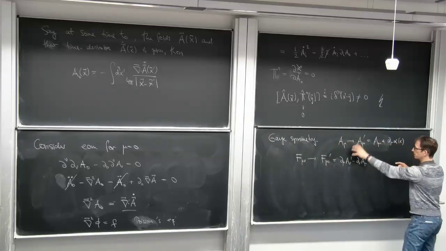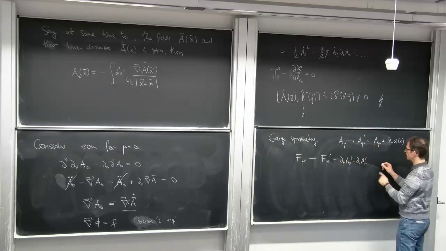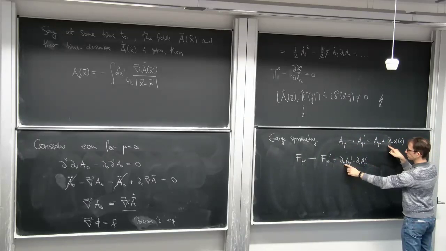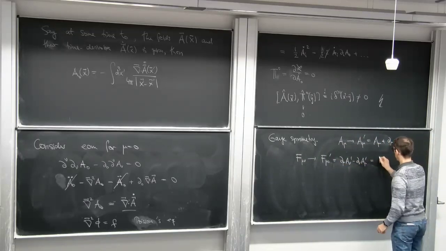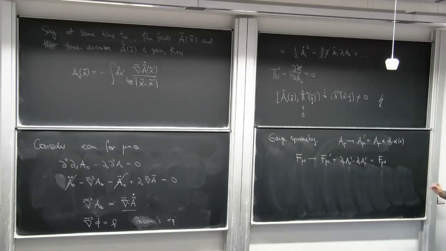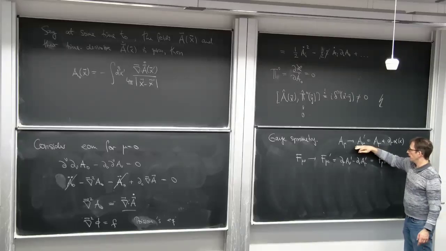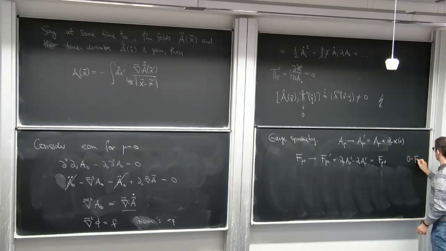But if I plug this in here, I would get the term with A replaced by A prime, and also extra terms, but they cancel because you have d mu d nu alpha and minus d nu d mu alpha. So this is the same as there. So the field strength is the same for the A before your gauge transformation and after. And since the equation of motion was d mu F mu nu, it also doesn't change.